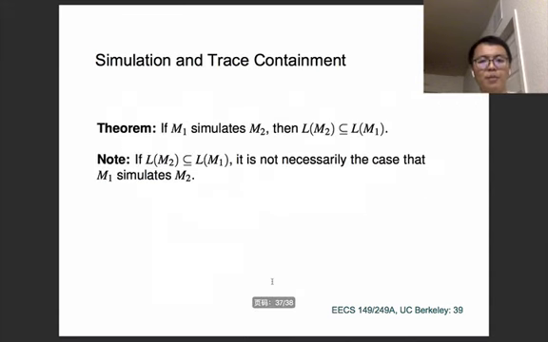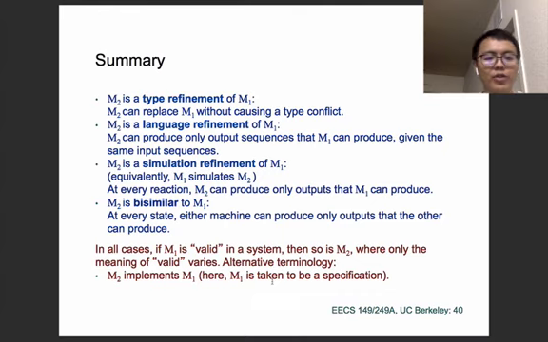So here is the summary of today's lecture. If we want to check if M2 is a type refinement of M1, so that M2 can replace M1 without causing type conflict, you can remember the example of data types: we can have more input data types but fewer output data types.